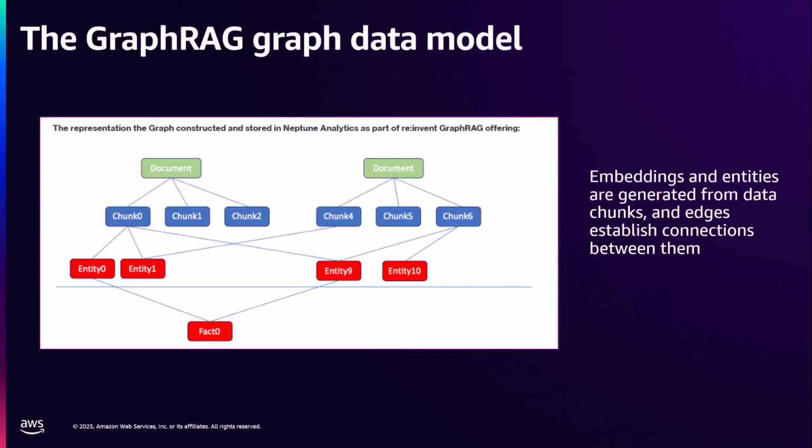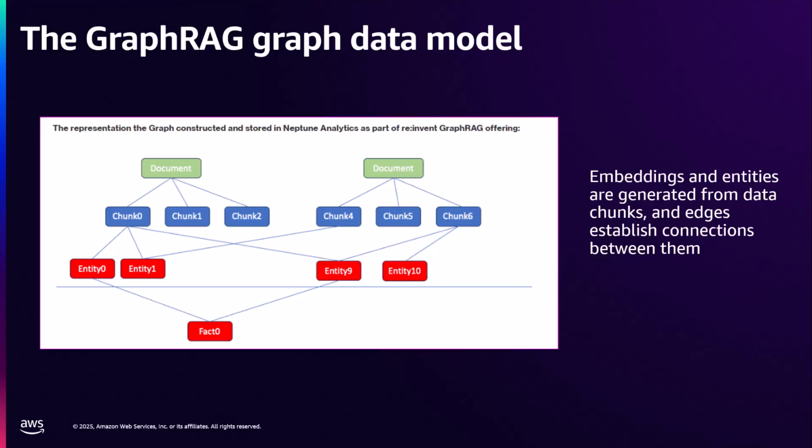So this is what the GraphRAG data model actually looks like. Initially, you're going to go through chunk creation and embeddings generation. Effectively, documents are broken down into smaller, manageable chunks. Vector embeddings are generated from these chunks to encode their semantic meaning. So what do these pieces actually mean?